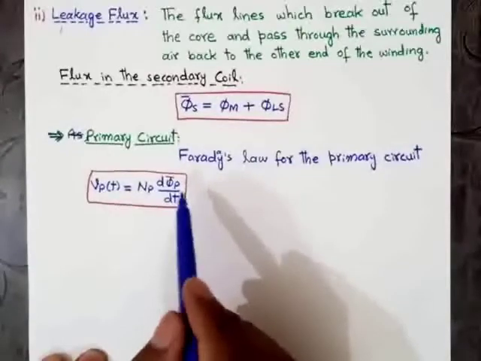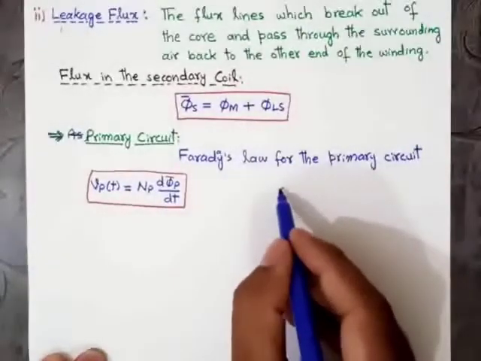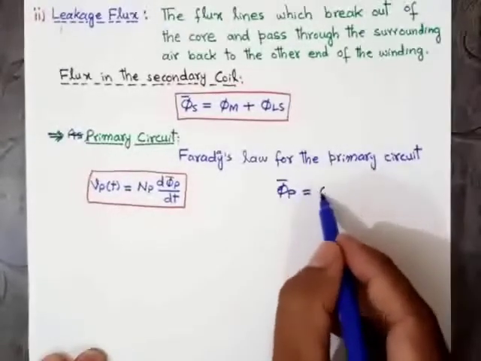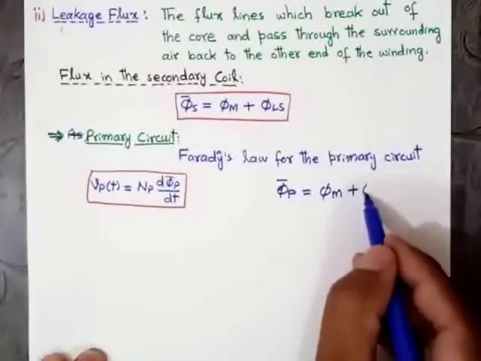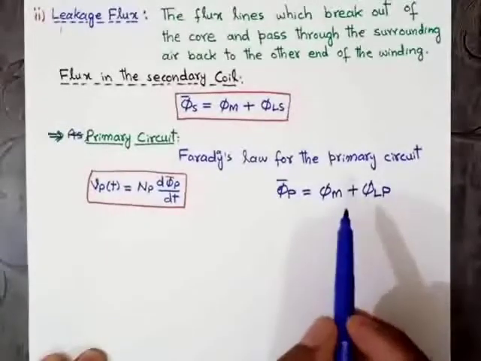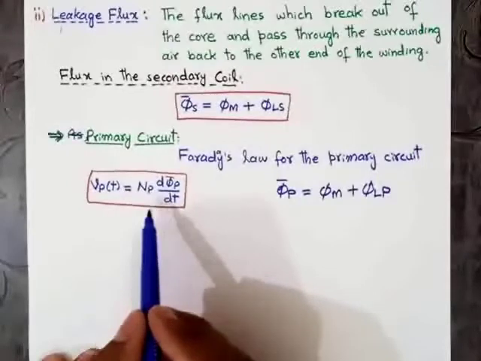As we know, in the case of the primary winding, the total average flux will be equal to the total mutual flux plus the leakage flux across the primary winding.